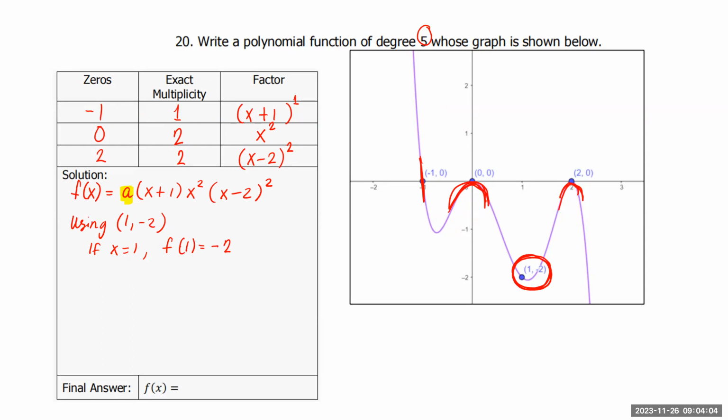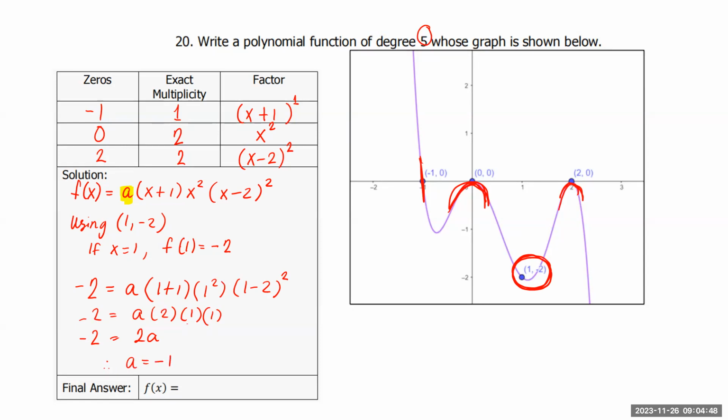So changing everything from our original function, you have -2 is equal to a times 1 plus 1 times 1 squared times 1 minus 2 raised to 2. So -2 is equal to a, 1 plus 1 is 2, 1 squared is 1, 1 minus 2 is -1, -1 squared is 1. So 2 times 1 is 2, 2 times a is 2a. So -2 is equal to 2a, therefore a is -1.